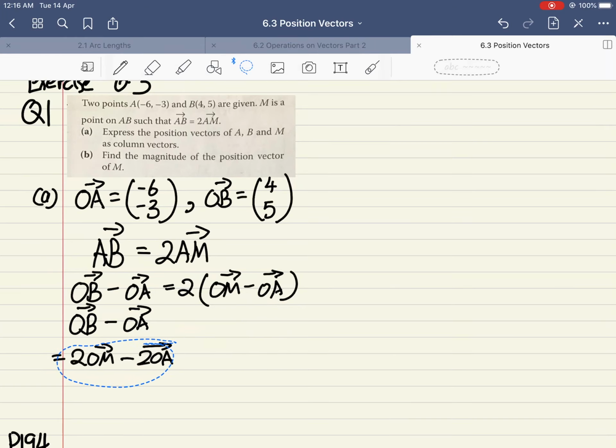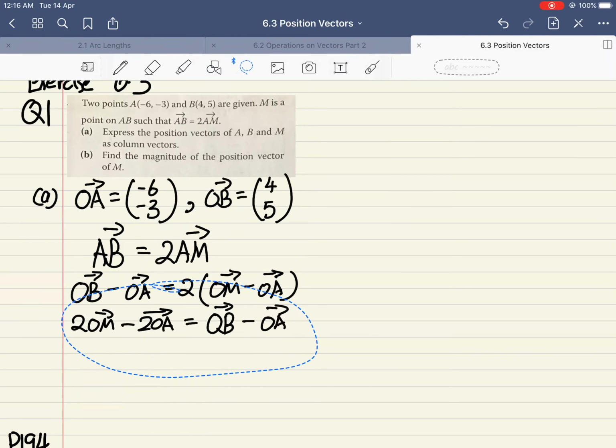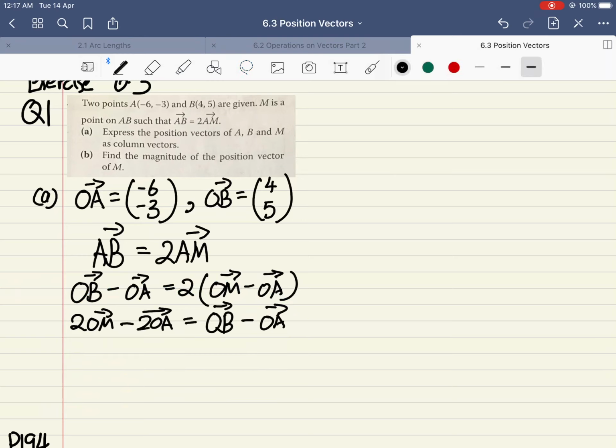What am I going to do right here is this. I'm just going to put this guy on the left hand side. Then I'm going to put this guy on the right hand side. Let me shift this whole thing around. Then what I'll get here is 2 OM equals OB plus 2 OA minus OA, which is OB plus OA.